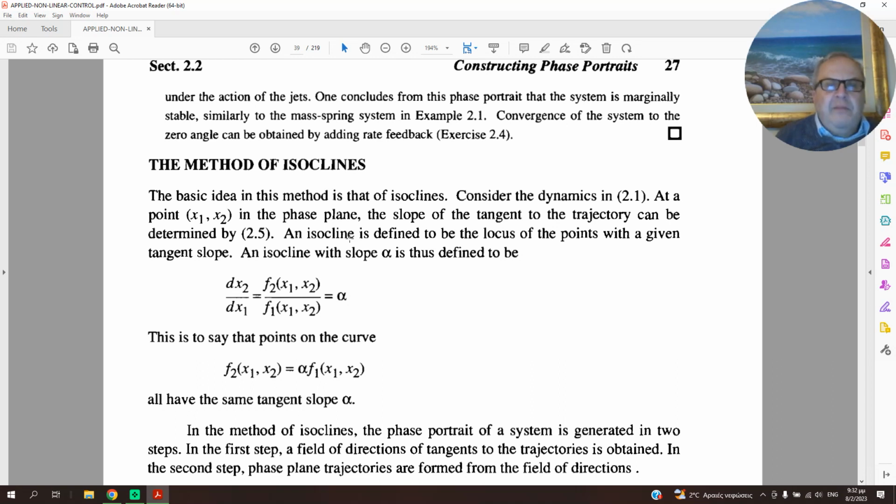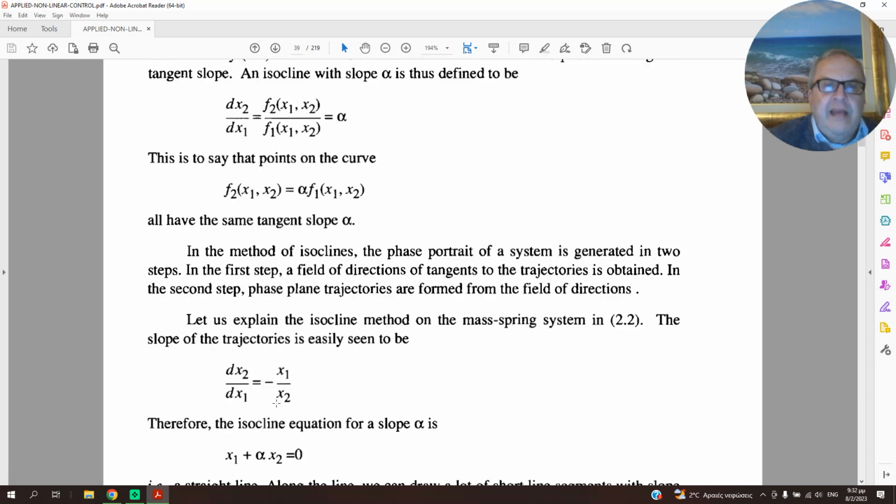You consider isoclines with slope alpha, dx2/dx1 equal to f2(x1, x2) over f1(x1, x2). And then you determine alpha as a constant number, and instead of solving difficult differential equations, you must solve this algebraic equation.